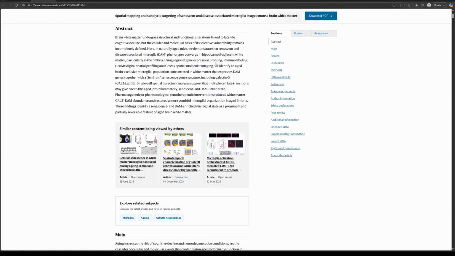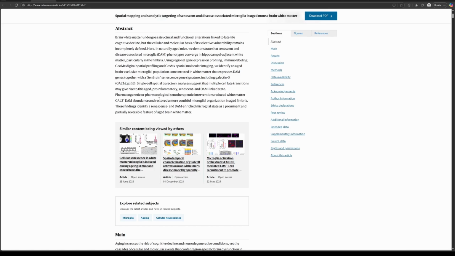It might transition into an aged pro-inflammatory senescent state. This is what is being caused, right? It is transforming these cells that were otherwise healthy into senescent inflammatory cells.